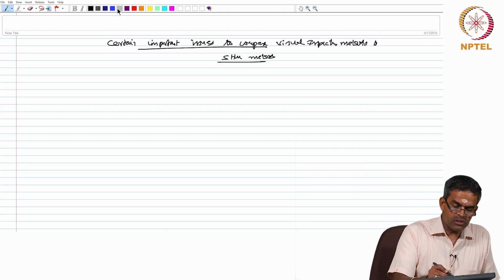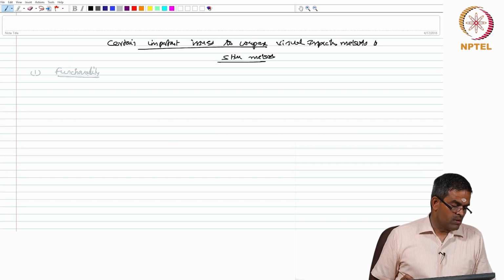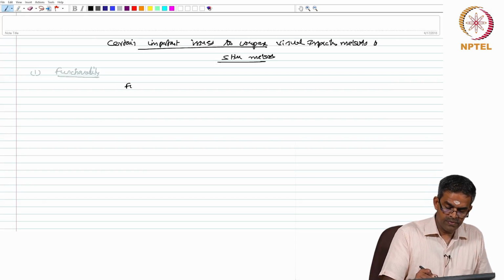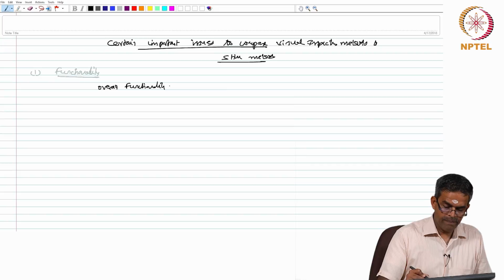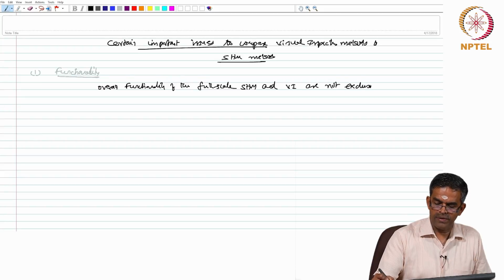The first issue which requires comparison is functionality. If you look at it in a real sense, the overall functionality of the full scale SHM and visual inspection are not exclusively different.